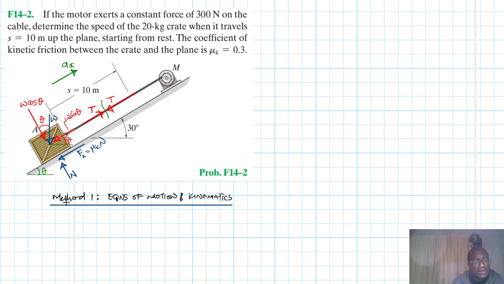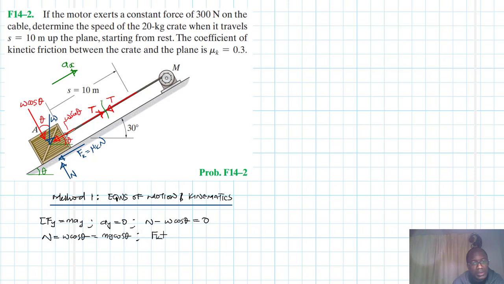So let's find what Fk is. Summation of forces in the y equals m a y, but we know there is no motion along the y direction, so it is equal to 0. Therefore N minus W cos theta equals 0, and N is equal to W cos theta, which is mg cos theta.